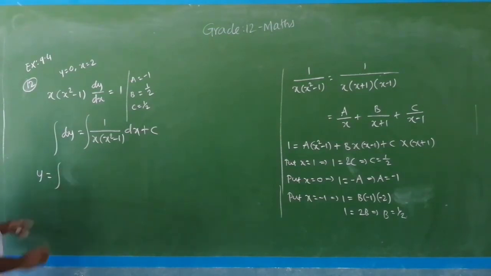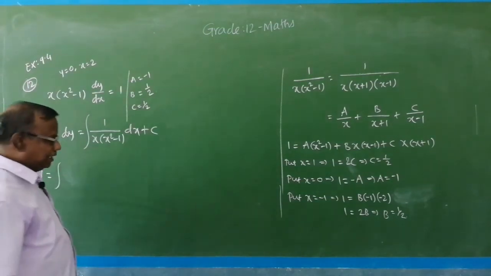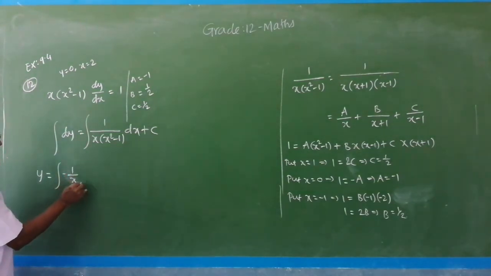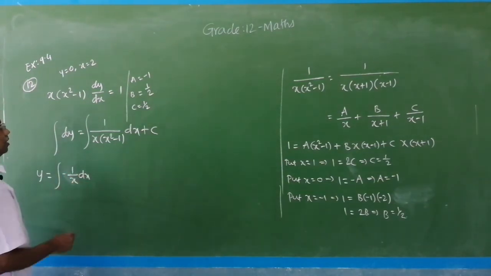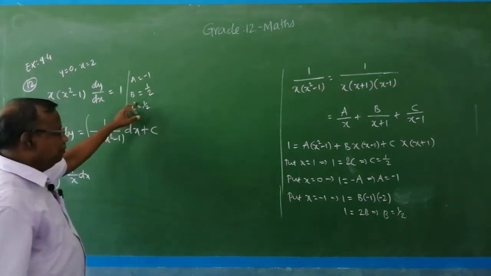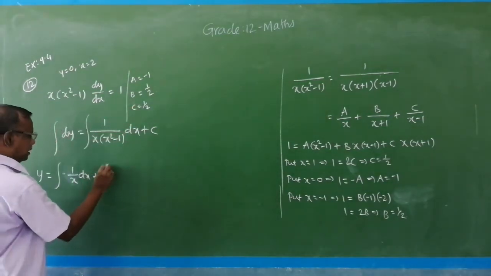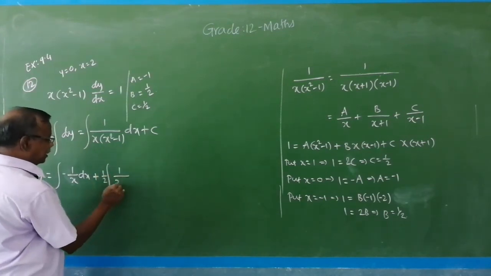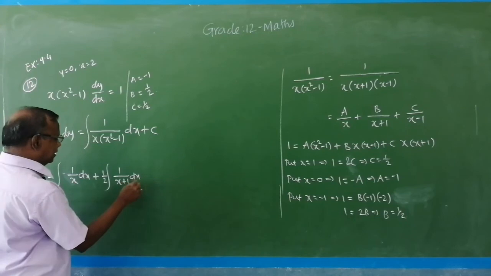Now the right part is a by x, which means minus 1 by x into dx. The second part is b by x plus 1, that is plus the integral of b equal to 1 by 2 divided by x plus 1 into dx.